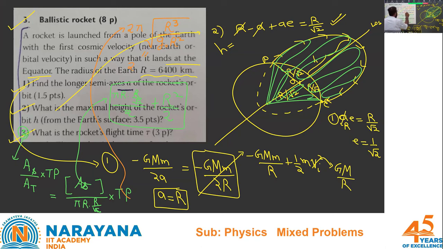It should be 2 pi root of R by G naught. 2 pi root of R by G naught, that directly can be used here for the elliptical orbit also. It is root of A cube upon GM term there, but it has been proved that in this problem that A term is nearly equal to R. So some direct results I have used, then it is a simple problem, right?